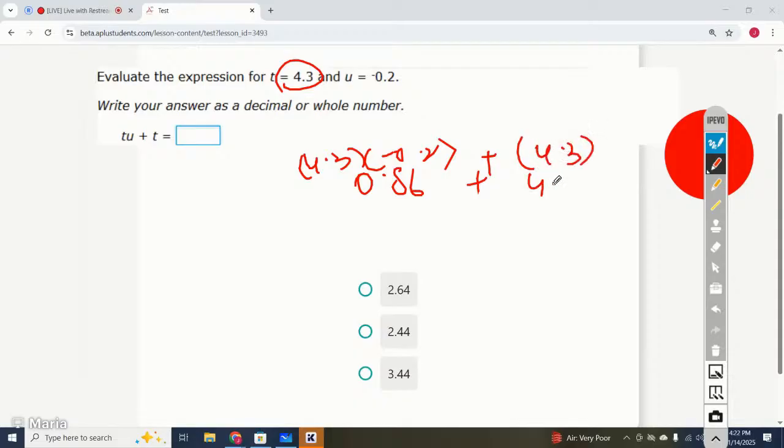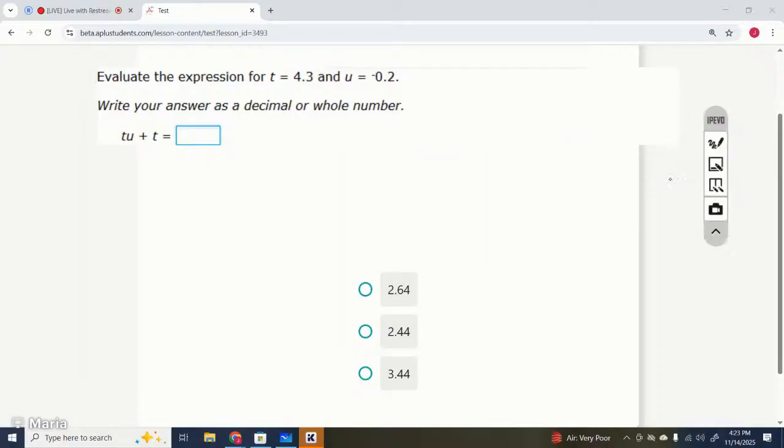That is 4.3. So the correct option is 4.3. That is 3.44. Option number 3 is the correct option.